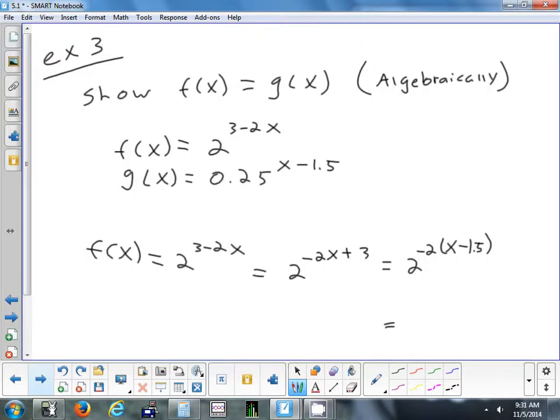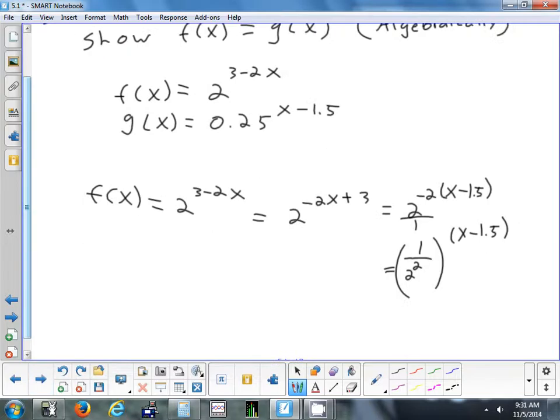When you have a base with a negative exponent, if you want to fix that negative exponent, you flip your base. Think of your base as this, flip it, and then it goes to the bottom. And then all of that is to the x minus 1.5. And now we basically got it. 1 over 2 squared, that's 1 over 4. And 1 over 4 is 0.25.